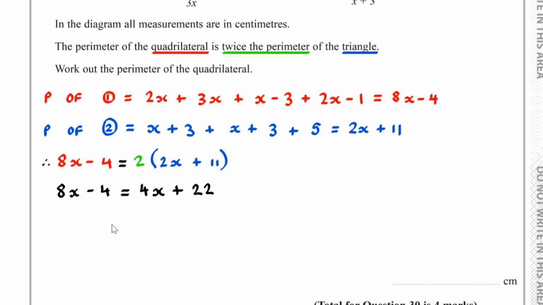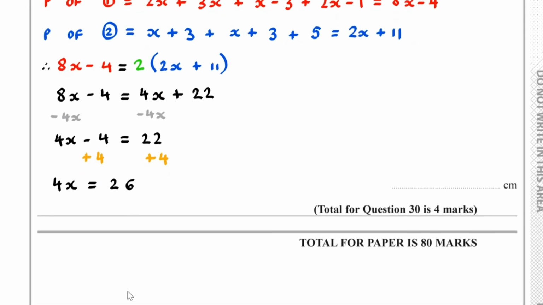The first thing I'm going to do is subtract 4x from both sides, so I've got 4x minus 4 equals 22. Then I'm going to add 4 to both sides, so I get 4x equals 26. If I now divide both sides by 4, you will find x equals 6.5.